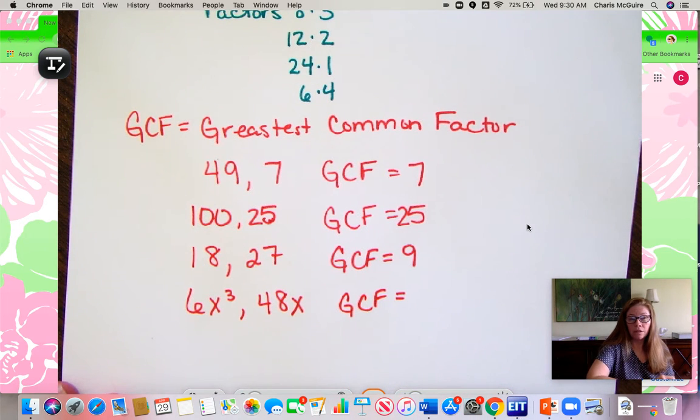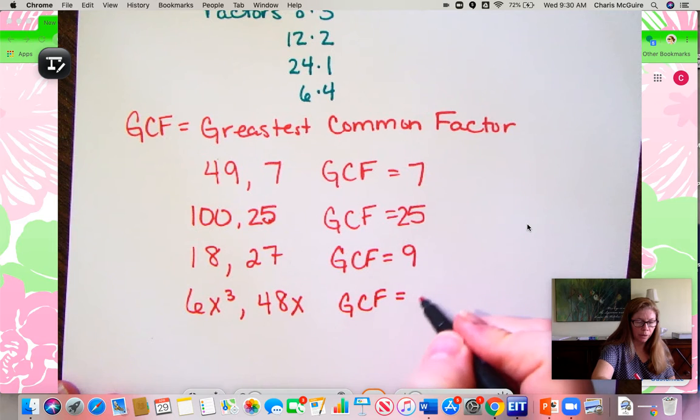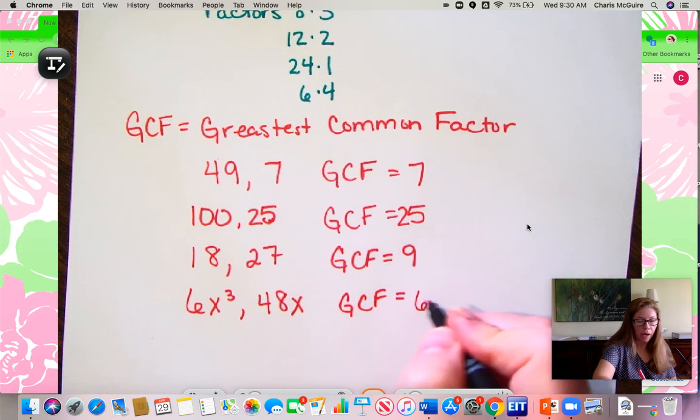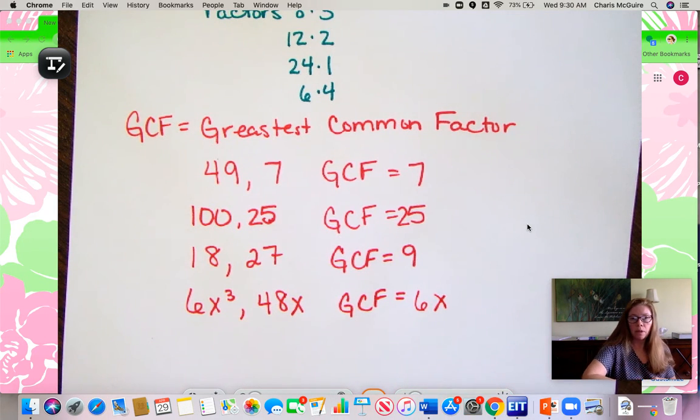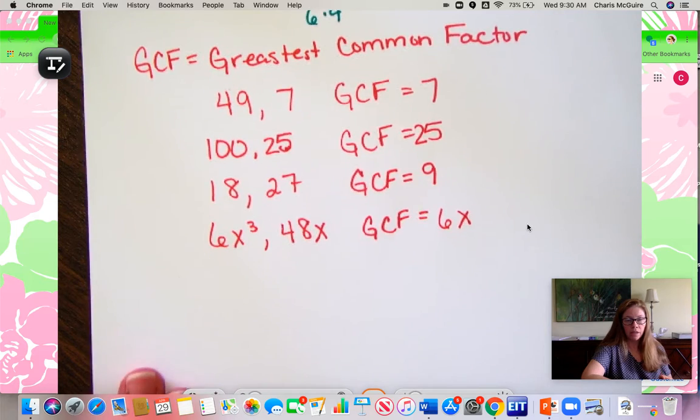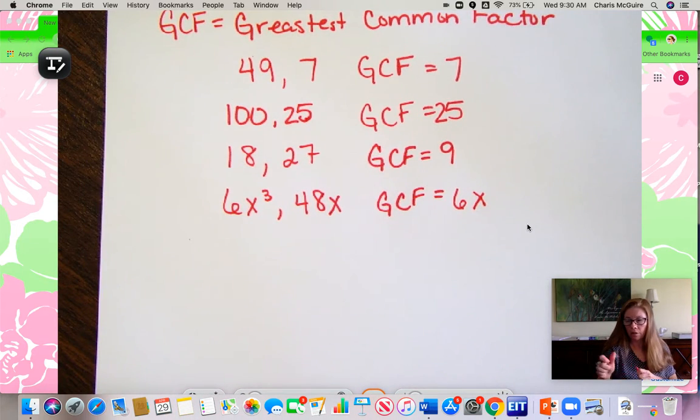Well, hopefully you're saying 6. That's the biggest number that they both have in common. And then when you look at the variable, it's going to be your smallest variable that they have in common. So this is x to the first power is what they have in common, and we just write it as x.